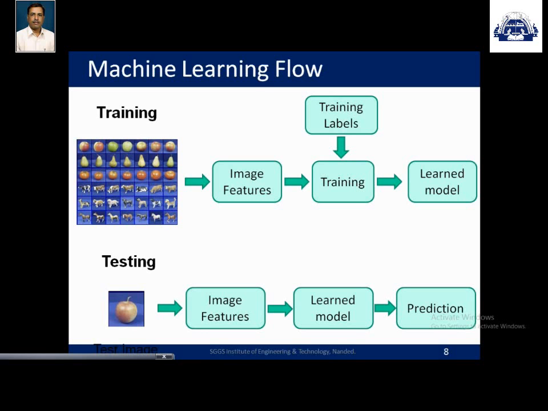First is the data which we want to use for classification purposes. We extract the features from that training database and train the classifier model with the help of the training labels. In testing, we take random samples from the database which were kept aside, features are extracted, the learned model is used to test the output, and the efficiency of the model is calculated.